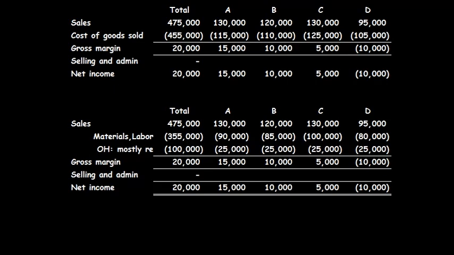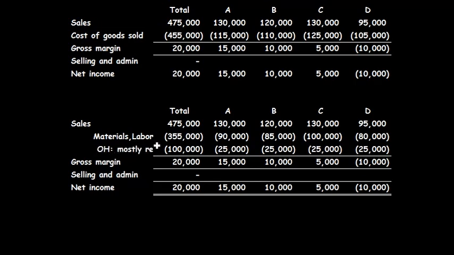So all I've done here in this second segment of data is I've broken up the term cost of goods sold, which is what you would normally see on financial statements, into 2 different categories of costs. I've put materials and labor on one line, and I've put overhead on the other line.